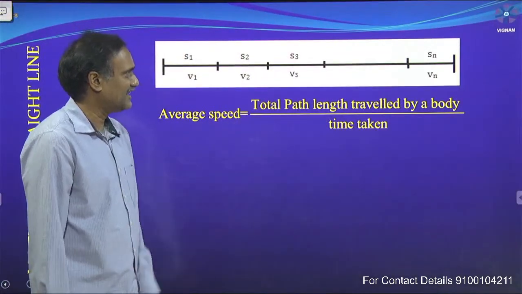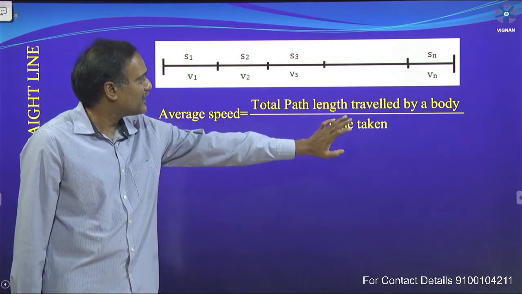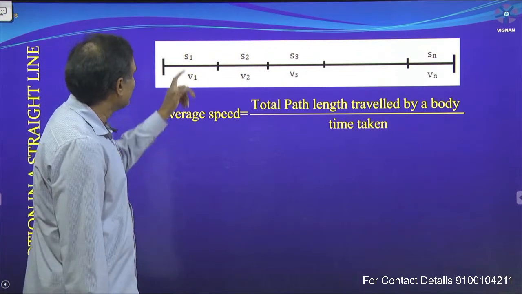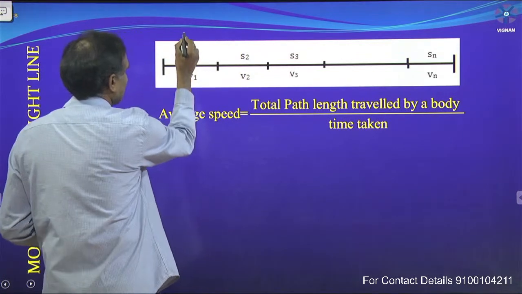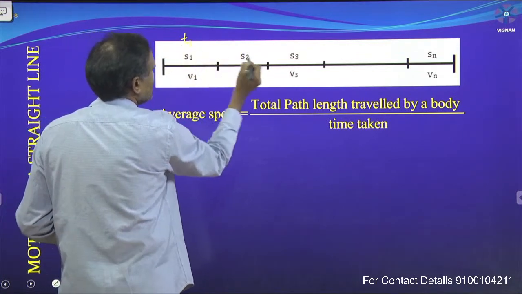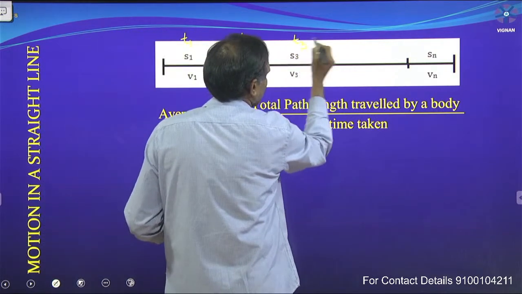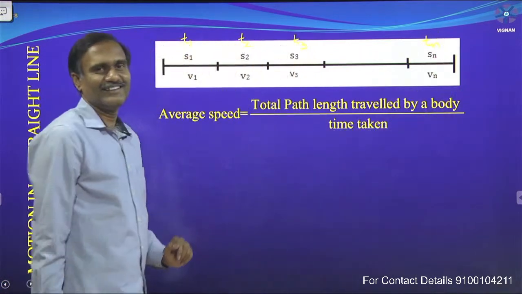Observe that once again. What is average speed? Total path length travelled by a body divided by time taken. During this journey the time interval is t1, during this journey t2, for this journey t3, and so on, for this journey time interval tn.